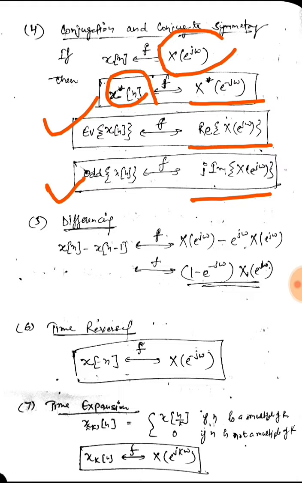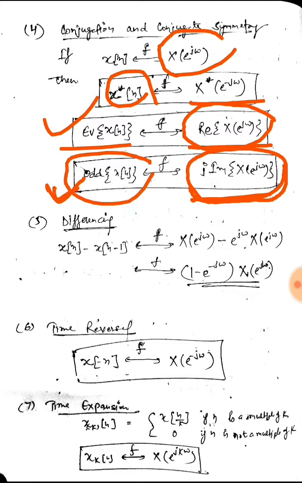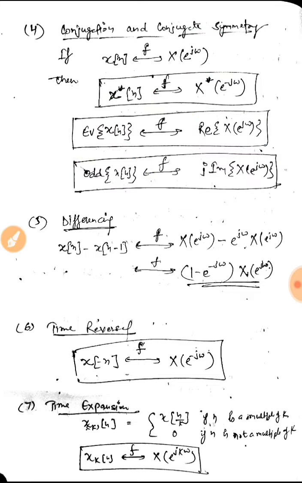That is, the real part of the Fourier transform of x[n] is equal to the transform of the even part of x[n] in time domain, and the imaginary part of the Fourier transform is equal to the transform of the odd part of the signal in time domain. That is, this is the Fourier transform of the odd part, and this is the Fourier transform of the even part.